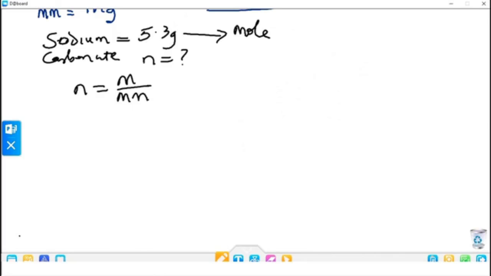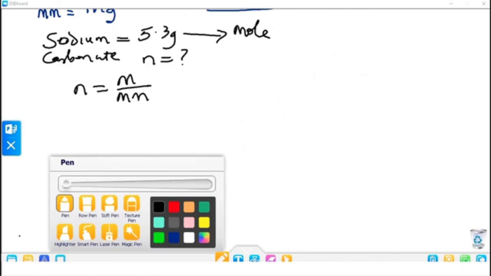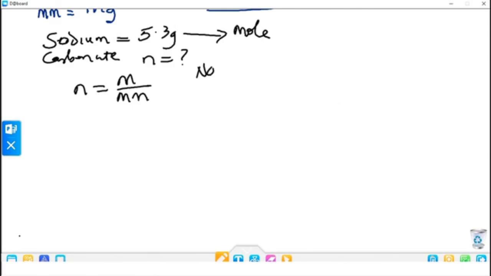Sodium carbonate is the species here, with no other species alongside it, and the formula is Na2CO3. So what we simply need to do is N is equal to the mass of sodium carbonate, which is 5.3, over the molar mass of Na2CO3.